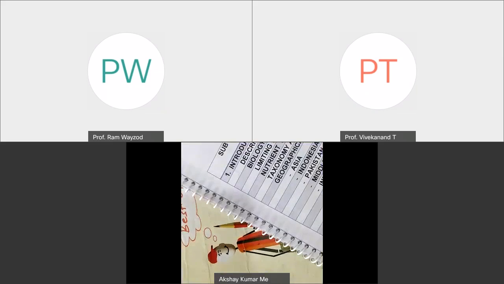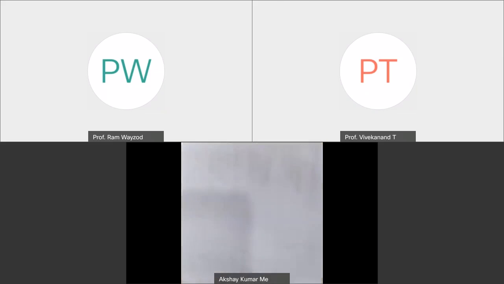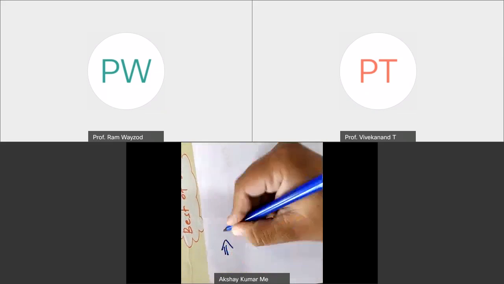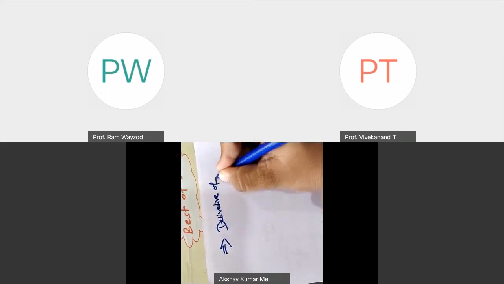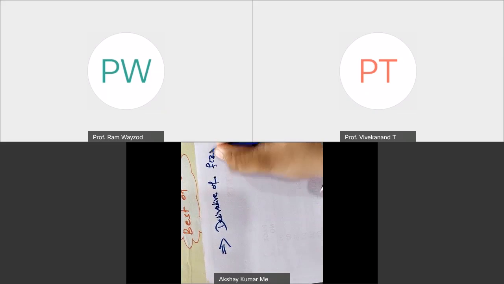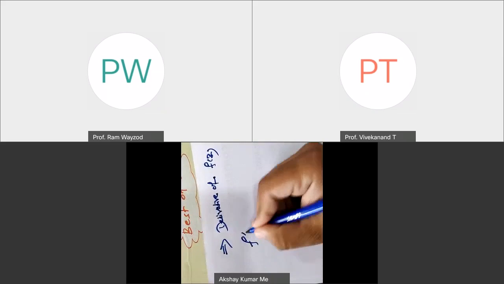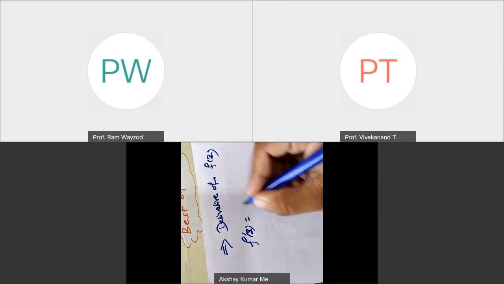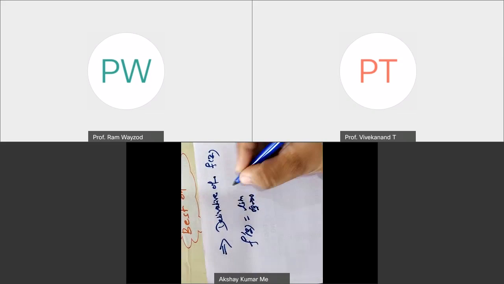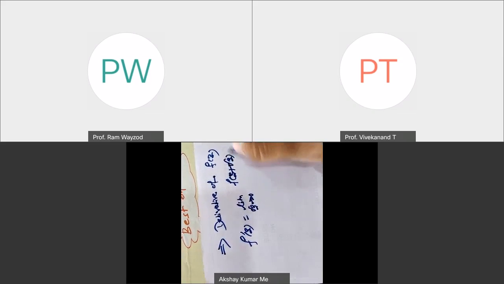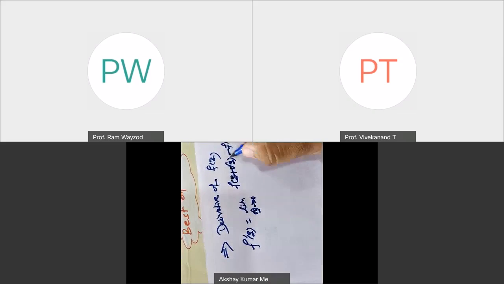Next, the derivative of a complex function. This is the general definition of derivative.